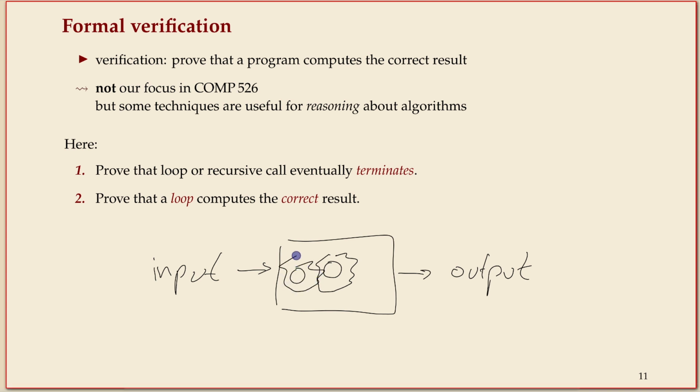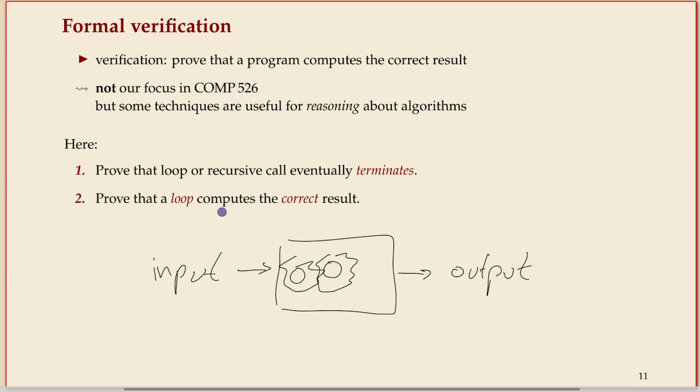These are cogwheels, obviously, not sunny side up. There's some computation happening inside there, and it's supposed to produce an output. Well, it can usually only produce an output when it stops running, or you would have to define what that otherwise means. So the second part is about producing the correct output when it stops.